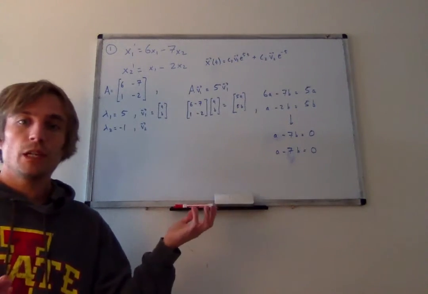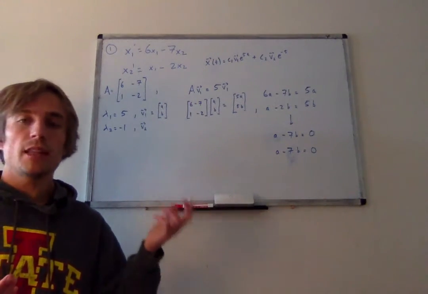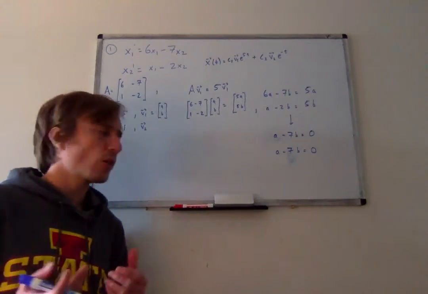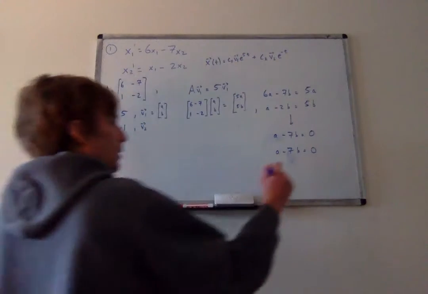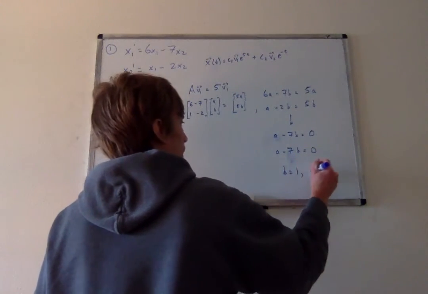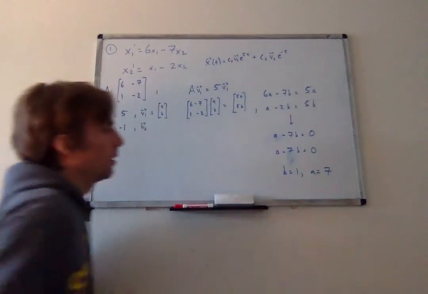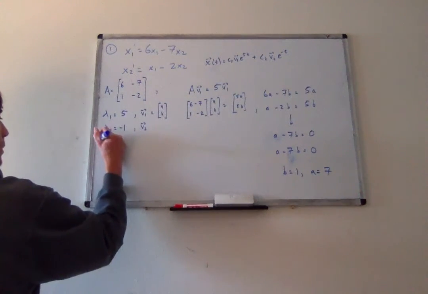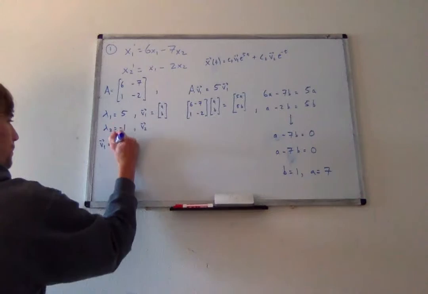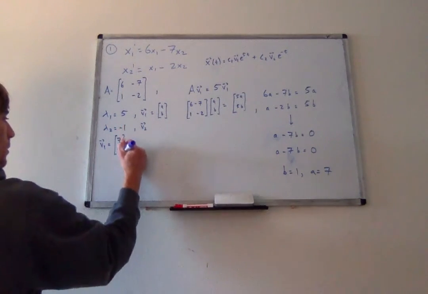I could pick anything for b, and then I just have to pick the right number for a that's going to make sure that that equation zeroes out. And so I'll probably just let b equal 1, a equals 7, and that'll give me a solution. And so v1, my eigenvector, you get should be (7, 1).